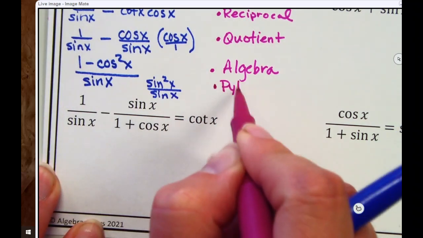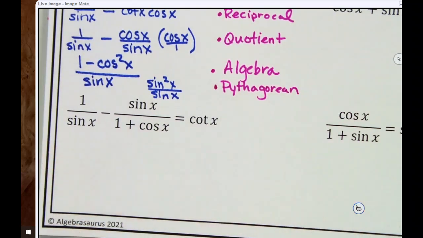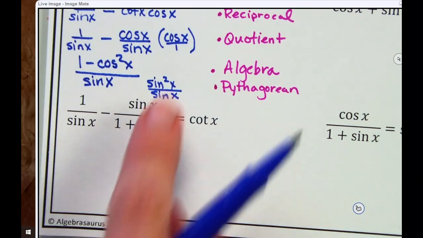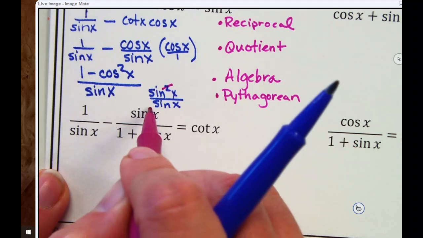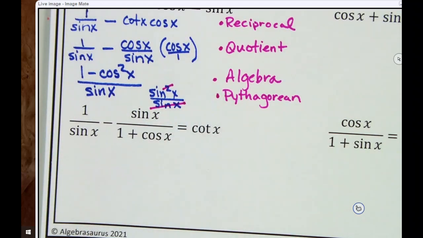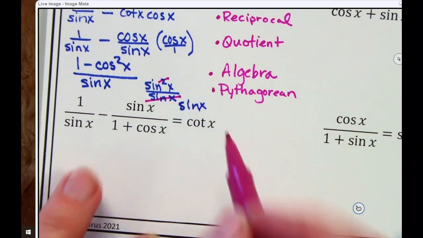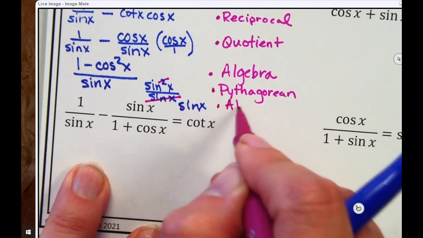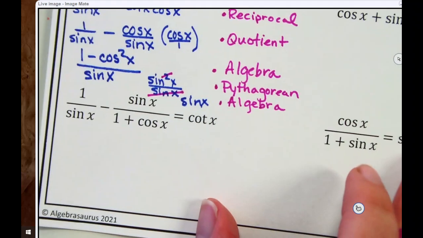Pythagorean. What's x squared divided by x, you guys? Don't they just cancel each other out? So that squared will cancel with that. And I'm left with sine of x. How did I get there? I used algebra.